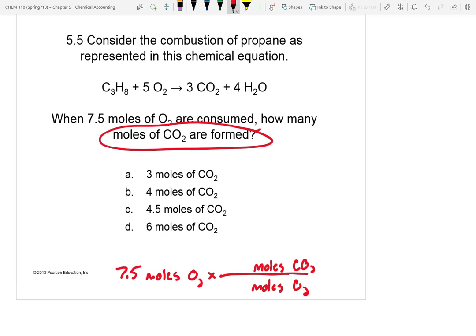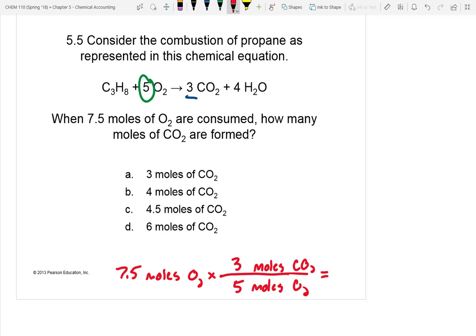So it looks like we have a mole-to-mole ratio we need to consider. So that's when you look at your balanced chemical equation. For example, we've got 3 moles of CO2 up here in the balanced equation, so I plug in a 3 here. And then over here, I've got 5 moles of O2 on the other side, so I go back down here and say 5. So it'd be 7.5 moles times 3/5.